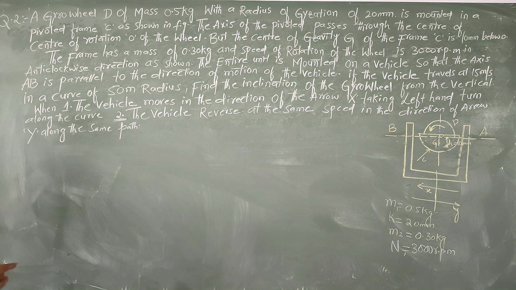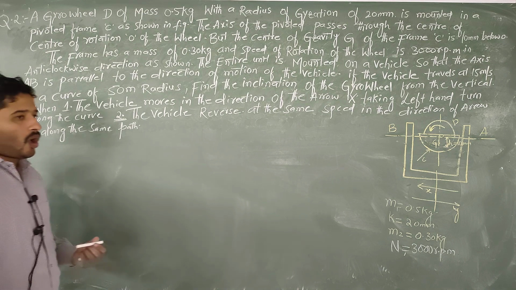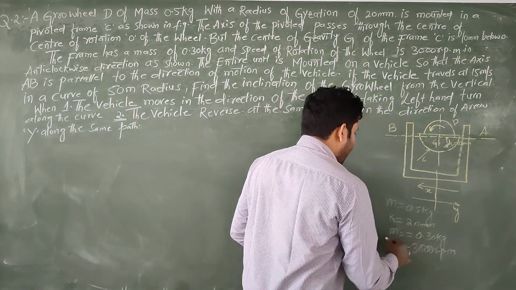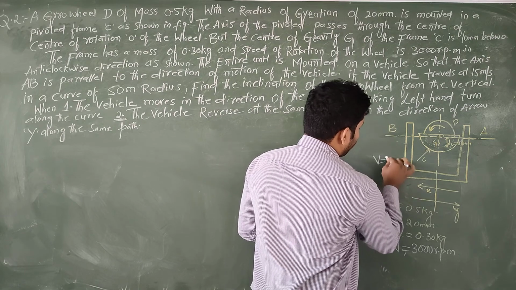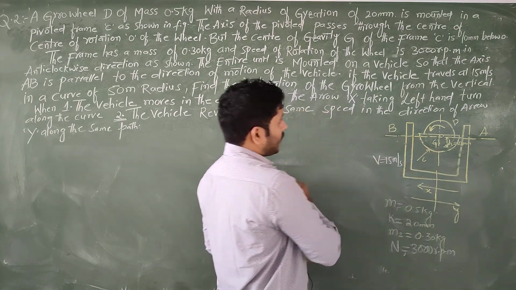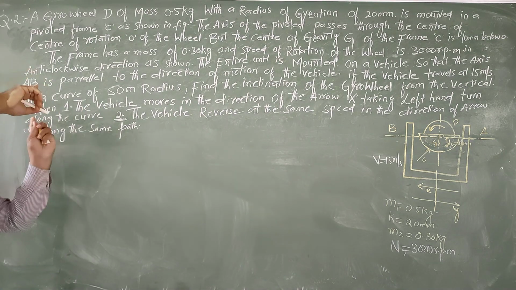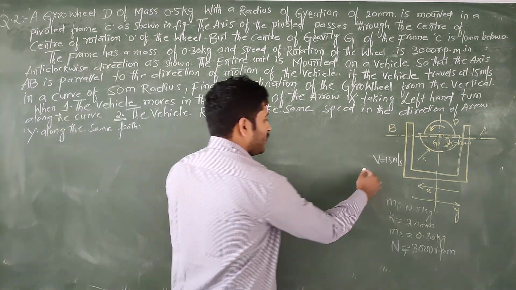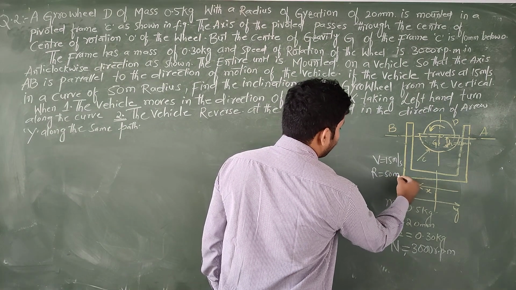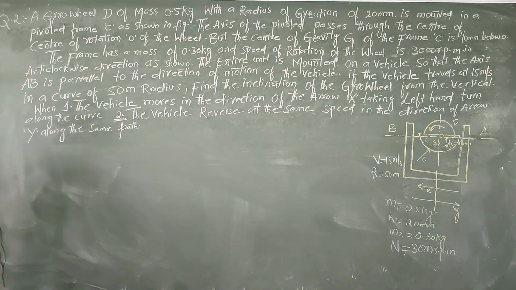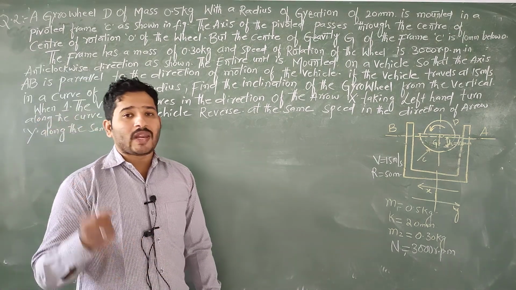If the vehicle travels at 15 meter per second, the speed of the vehicle V is 15 m/s, in a curve of radius R equal to 50 meter. Find the inclination of the gyro wheel from the vertical. In this case, we need to find the value of theta.